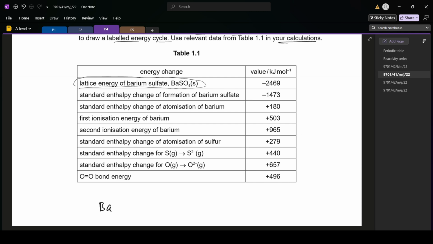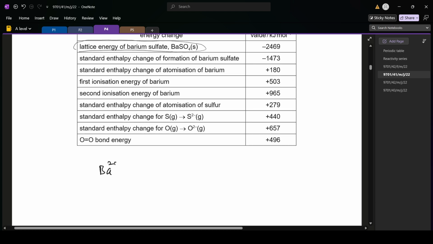So barium 2 plus and sulfate ions, in gaseous form, form barium sulfate.